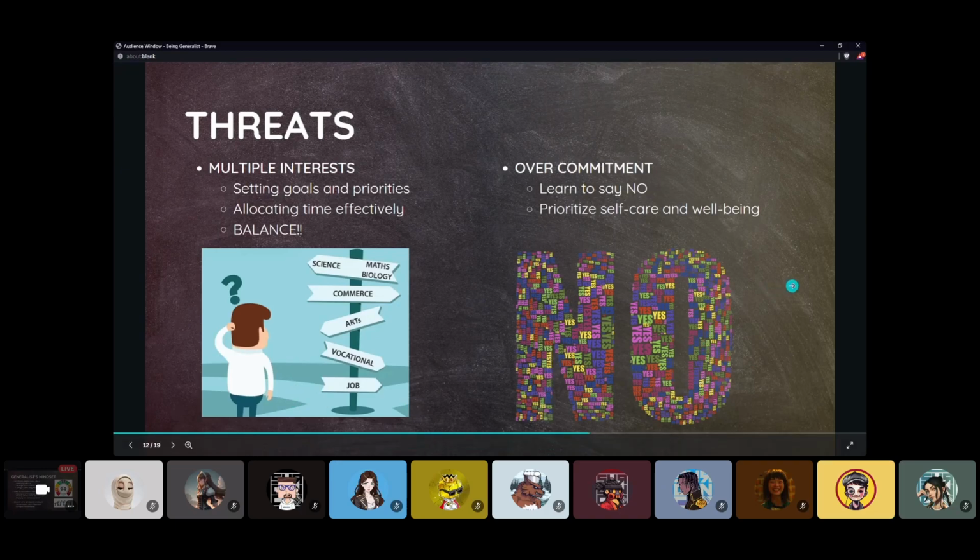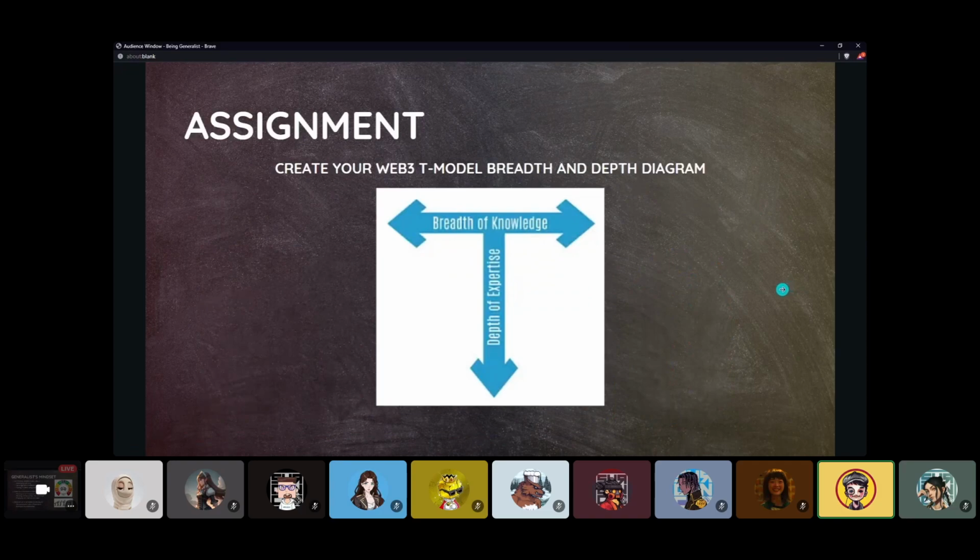Speaking of assessment and evaluation of ourselves, I don't know if you are open to this, guys: you have to create your own Web3 T model. What would be your breadth and depth diagram? Whether it's in NFTs, DeFi, or any Web3-related breadth of knowledge you are into, how expert are you already?